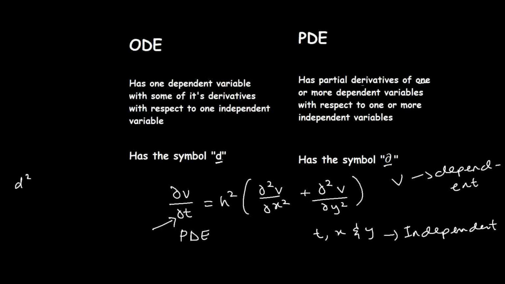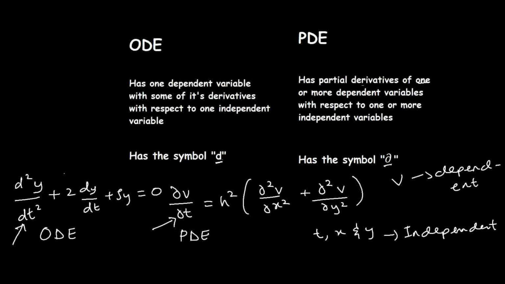We have d squared y over dt squared plus 2 dy over dt plus 5y equals 0. First of all, from the symbol d that you have here, you know that this is an ordinary differential equation.